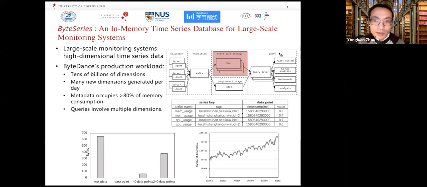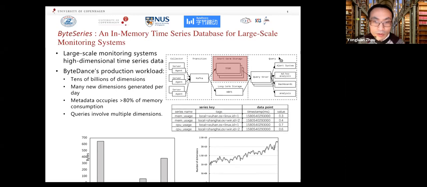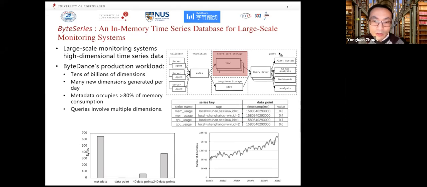A time series key, you can look at the table in the middle of this page, is composed of the metric name, like memory usage, CPU usage, and a list of text in the form of key value pairs, which describe the data, like the location and the operating system, etc. In ByteDance's production workload, we can also observe that there are many new dimensions being generated per day, and this growth rate is increasing over the years.